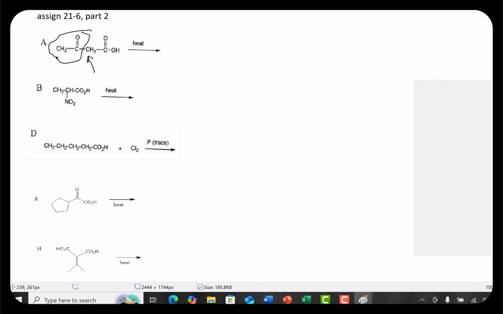So we can go ahead and write that out. Now, decarboxylation, the carboxyl group itself breaks off as CO2. Hydrogen takes its place, so you're going to write as the product there, the decarboxylation product, this ketone, with a byproduct of CO2 gas.